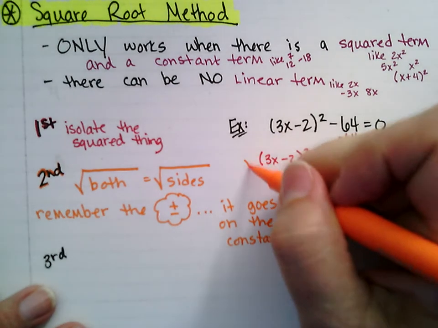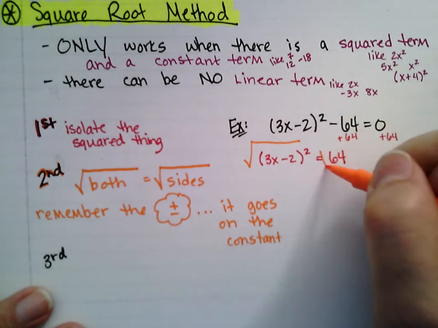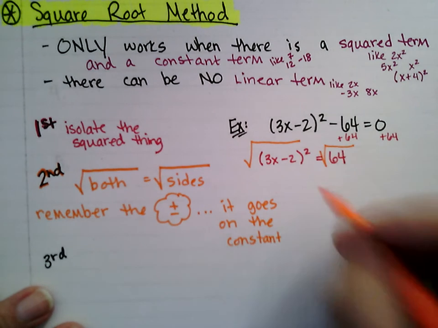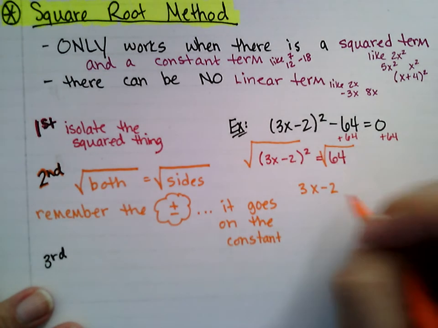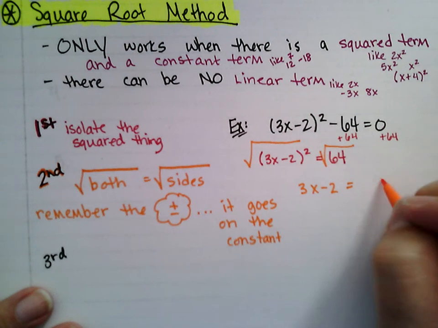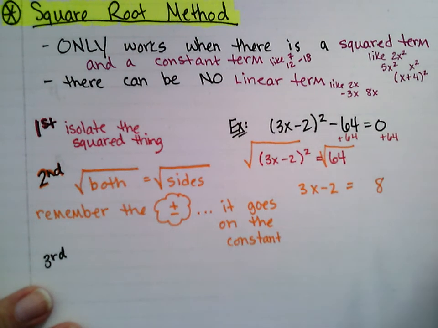So when I take the square root of both sides, I'm going to end up with 3x minus 2 on the left side.